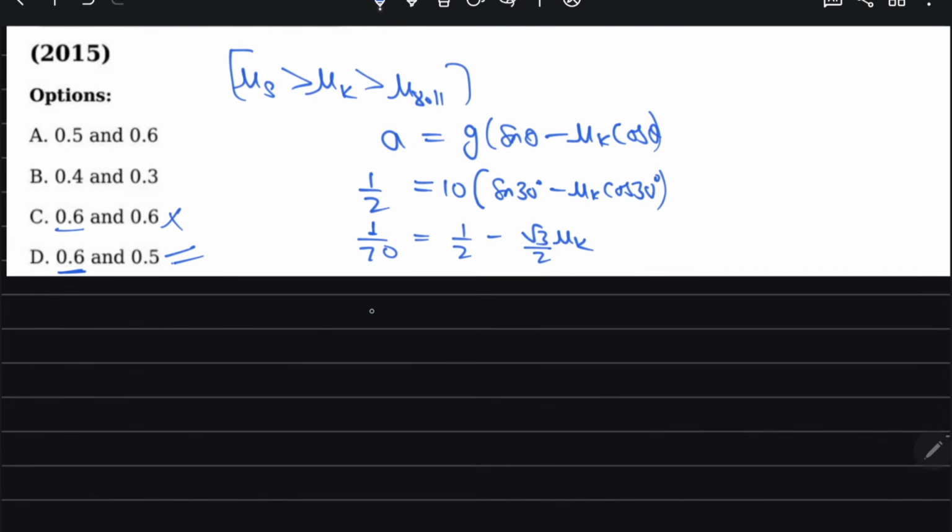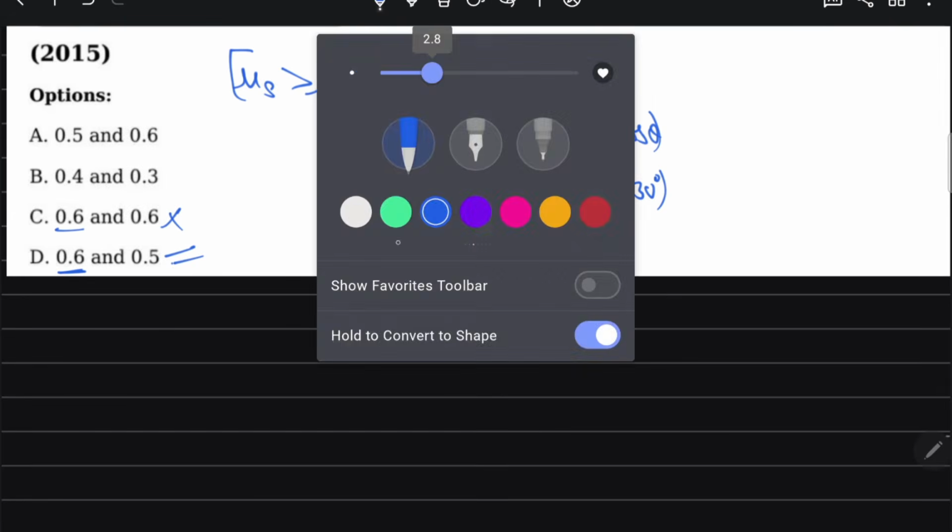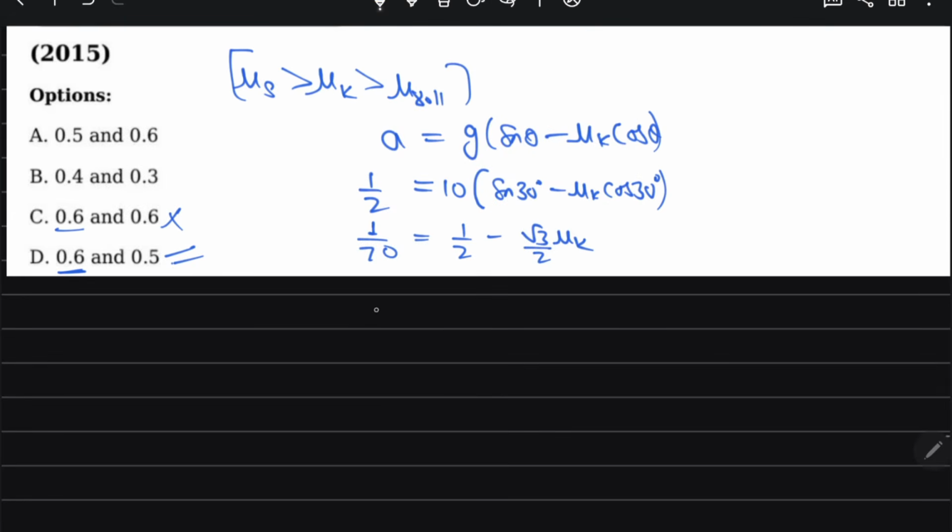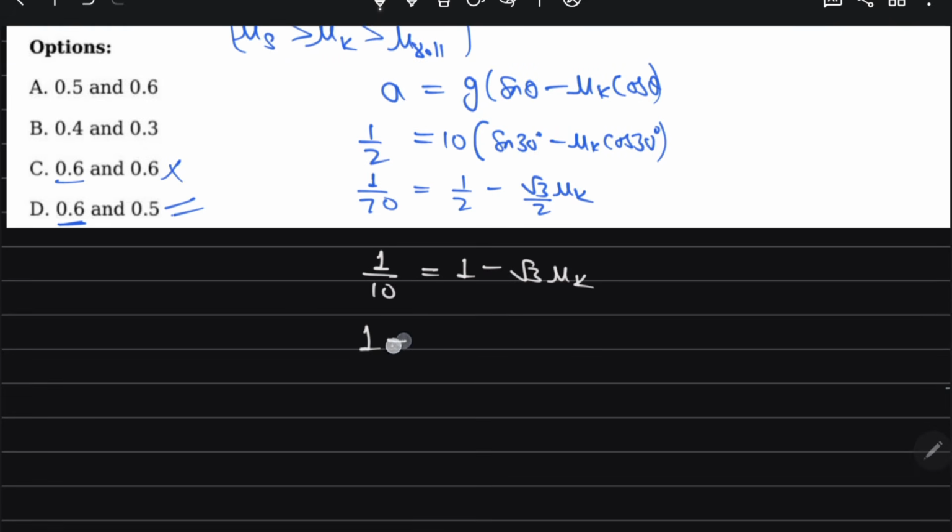Taking 2 to this side, this becomes 1 is equal to 10 minus 10 root 3 mu k. So 10 root 3 mu k is equal to 9.